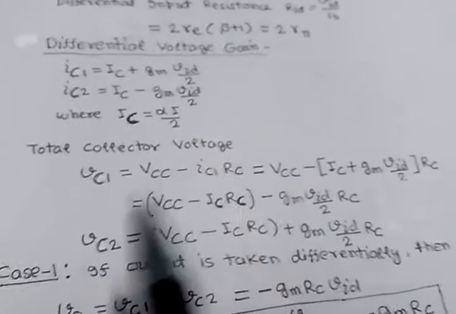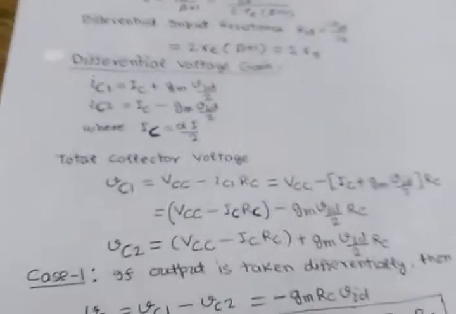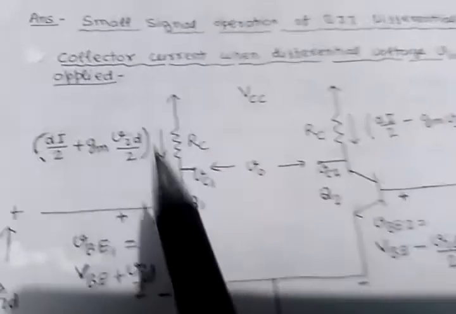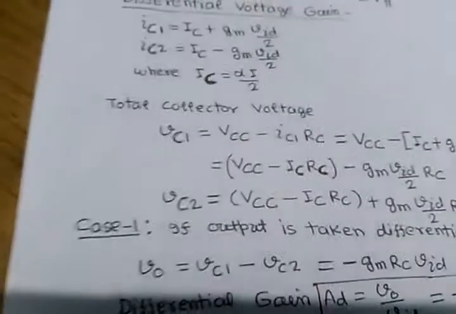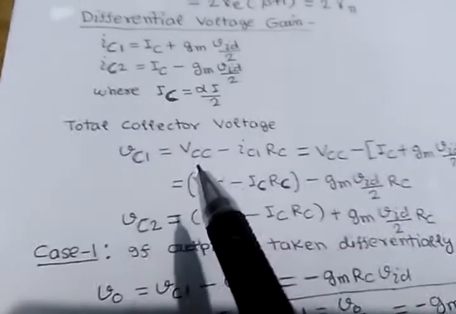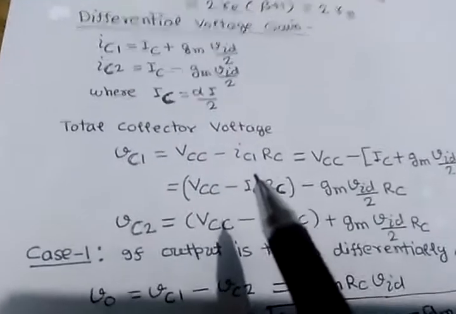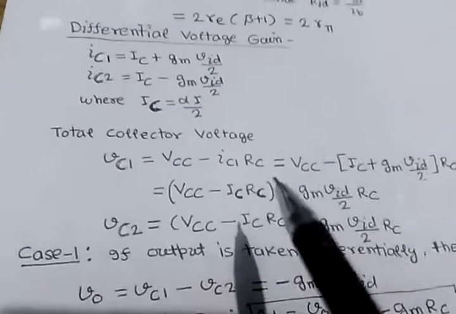Total collector voltage VC1. This is the voltage at the collector of transistor Q1. This voltage is given by VCC minus IC1 RC.